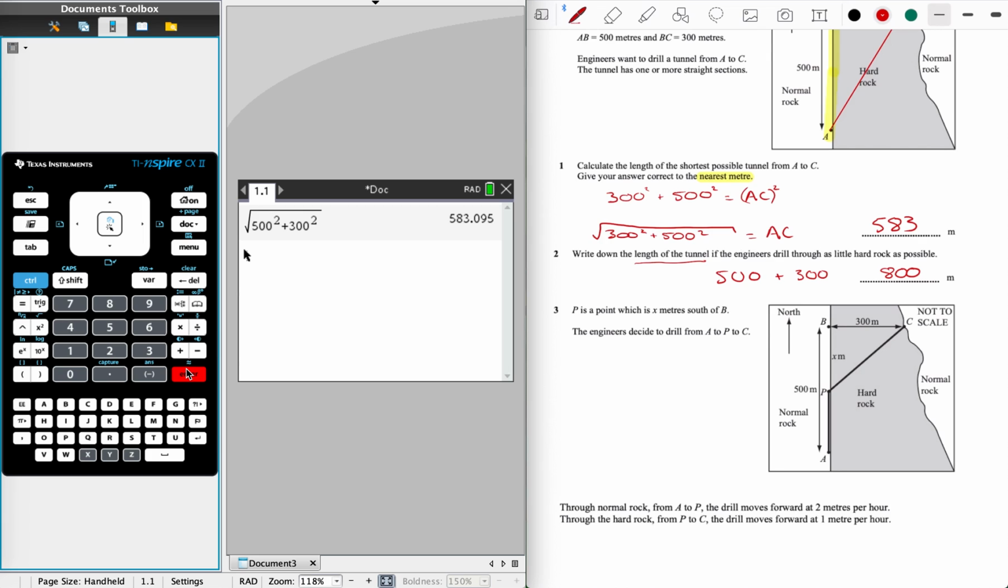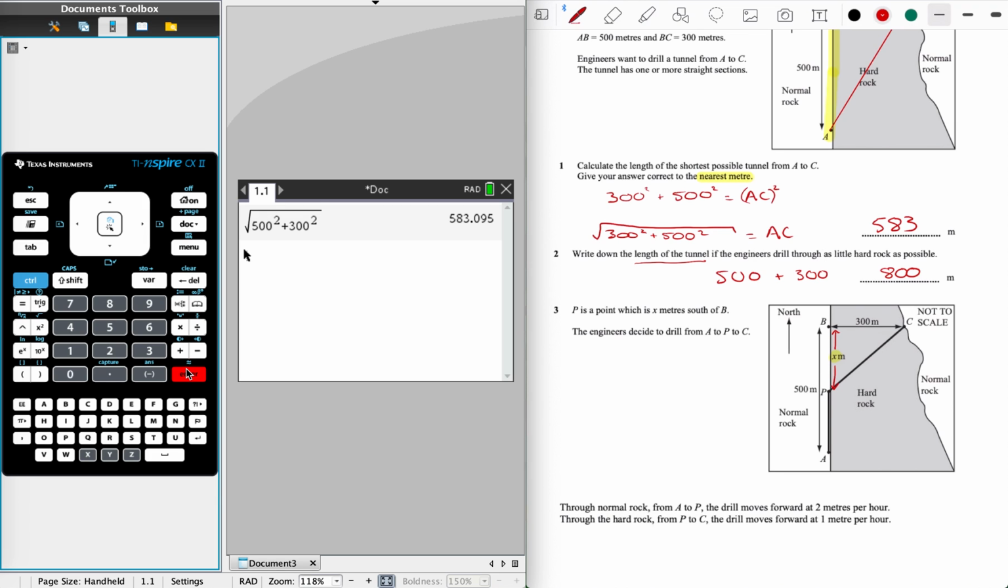Okay. Point P is a point which is x meters south of B. Okay, so we do have that labelled here, x. So the point P is from B to P. Might not be the best diagram for me, so I might just add on that is there to there. That's x.